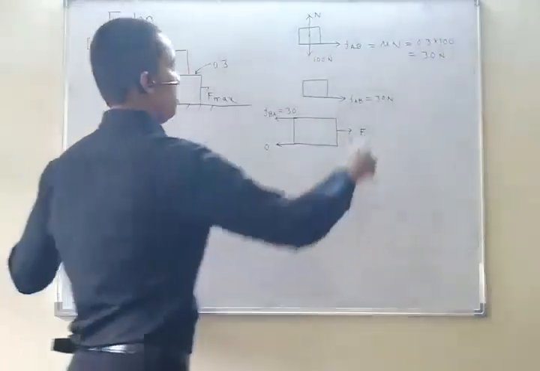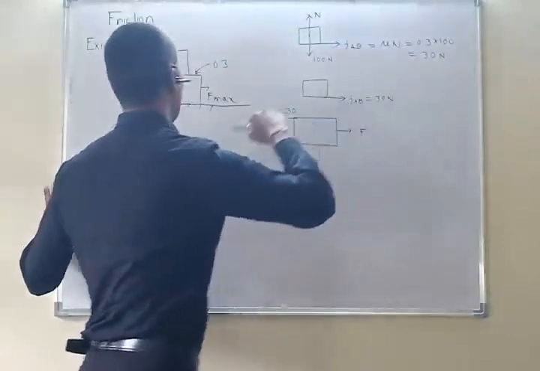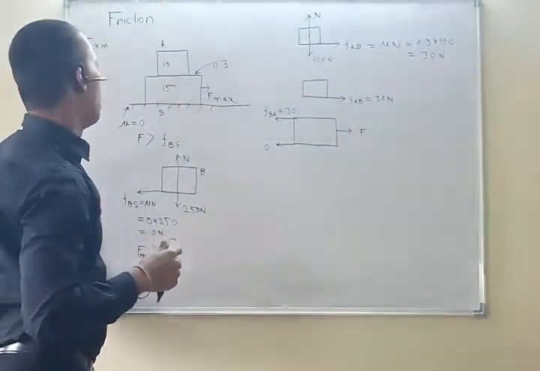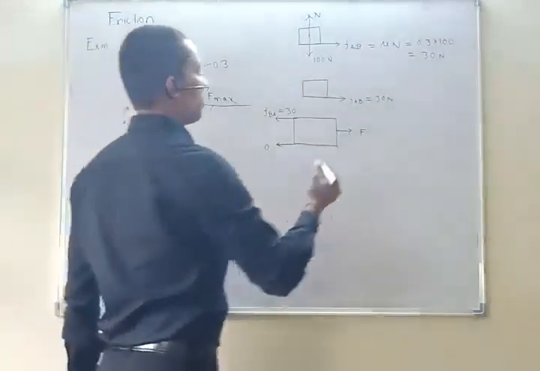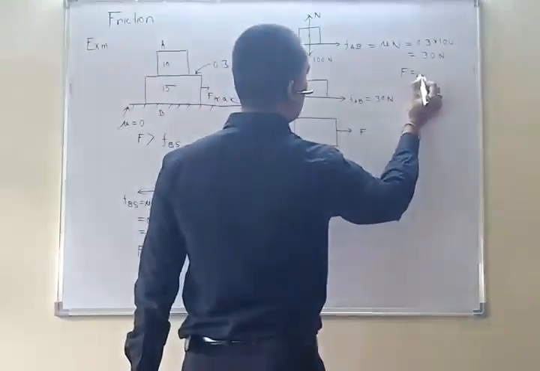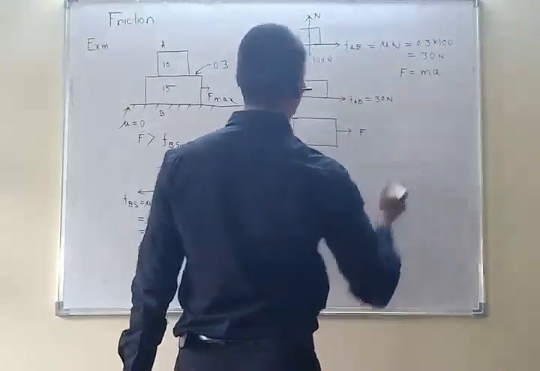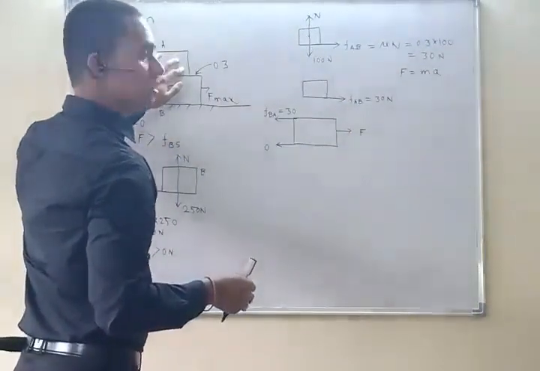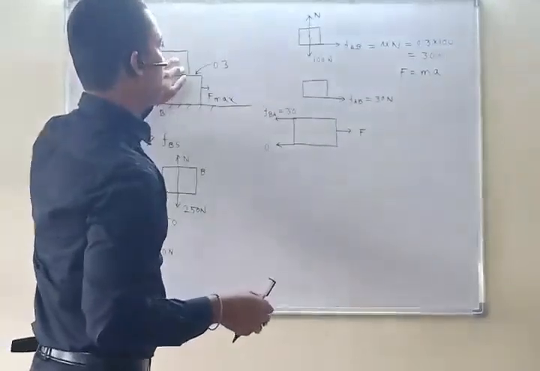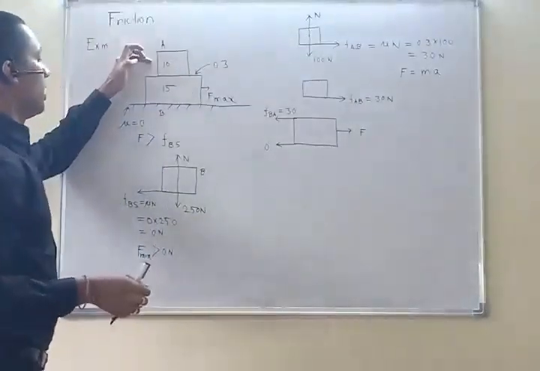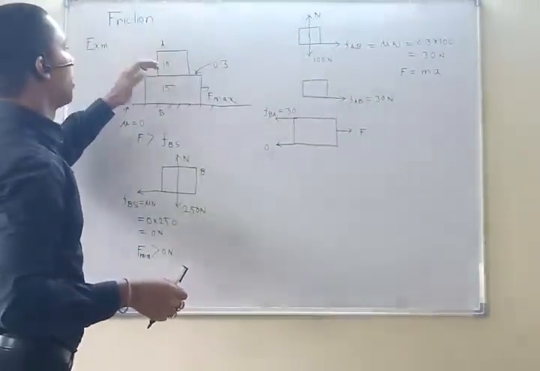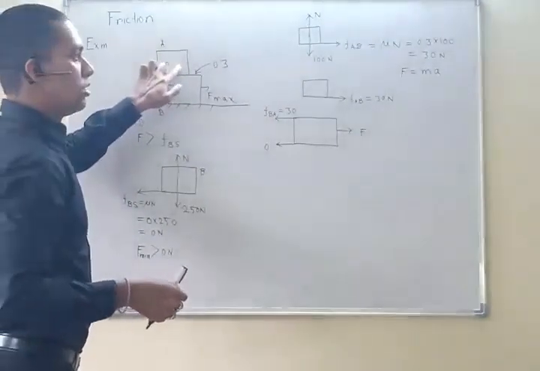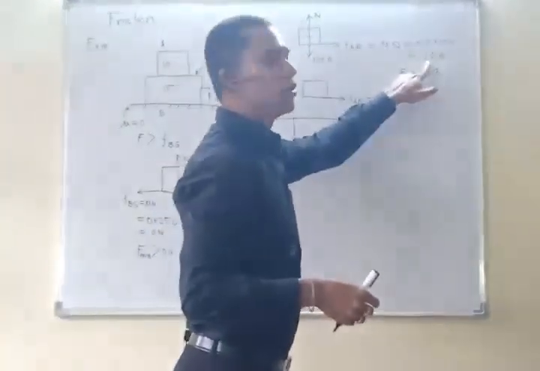Now, for the 30 Newton force, what is the acceleration of block A? We know F is equal to mass into acceleration. I'm talking about the maximum acceleration block A can achieve, or the maximum acceleration block B can offer to A, because of the 30 Newton force.